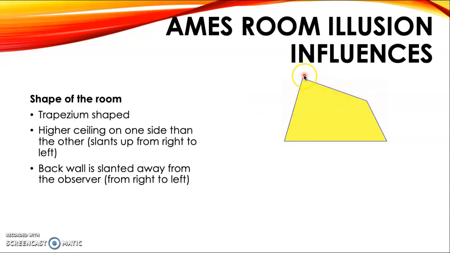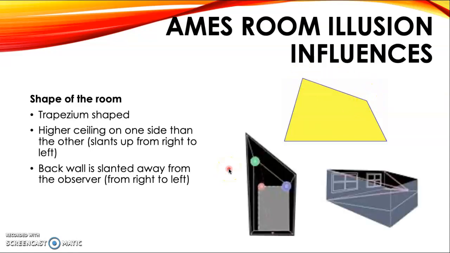So you're actually further away from the viewer on the left than you are on the right. And we can see that in these images a bit more here. So this is what you think you're seeing. But in actual fact, the left-hand corner of the room is way back here.